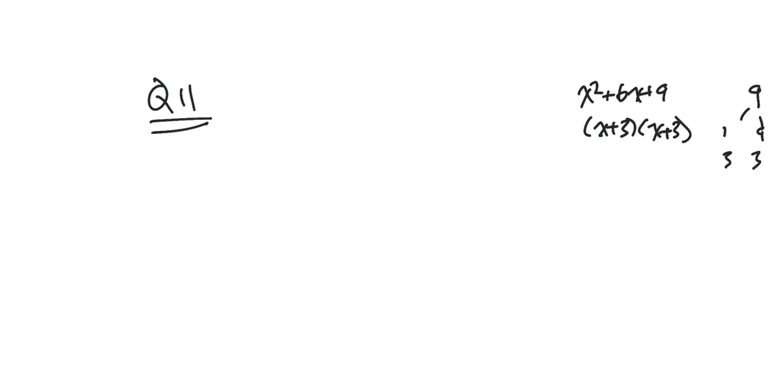And then we just found that 3 times 3 gave us 9, which is what we wanted. But then also it told us that 3 plus 3 is equal to 6, so that's how we got our x plus 3, x plus 3.